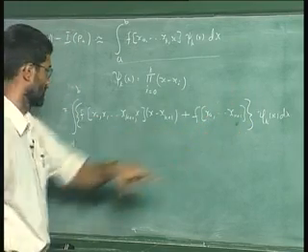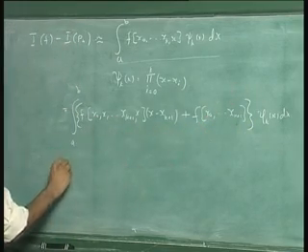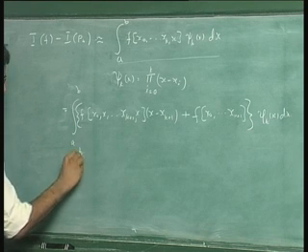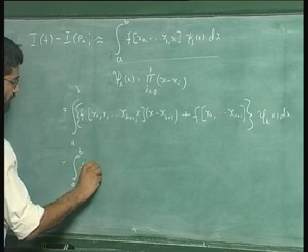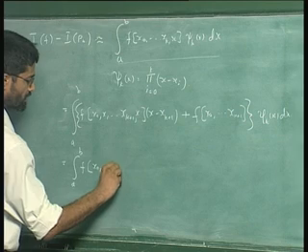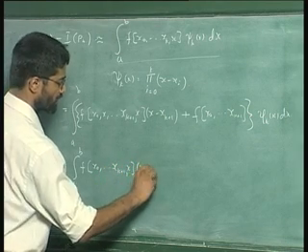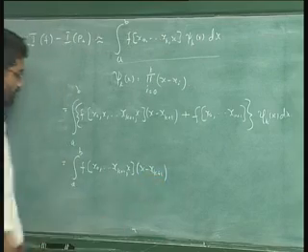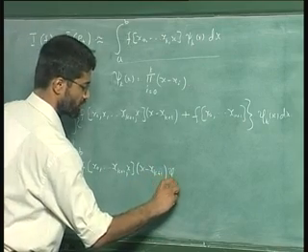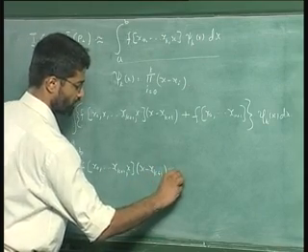So this will simply become integral a to b of f[x0, ..., xk+1, x] into (x - xk+1) into psi k of x. That is actually psi k+1 of x now, right.